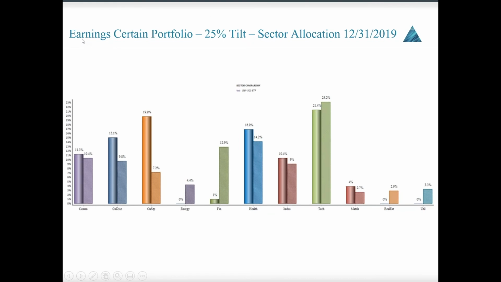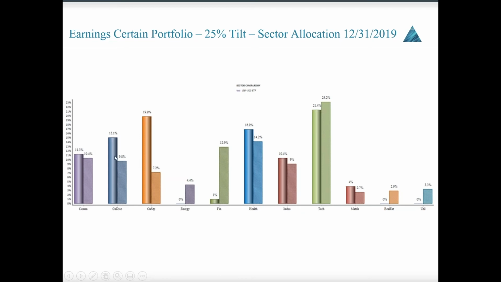But what I want everybody to see is what happens when we take the earnings certain portfolio and we use a 25% tilt towards those 6 stocks. We still have an underrepresentation in tech in terms of weight, and it does a nice job of tapering down consumer staples and healthcare weight. By the addition of Facebook and Google, it brings the communication sector up to just a little bit of an overweight.